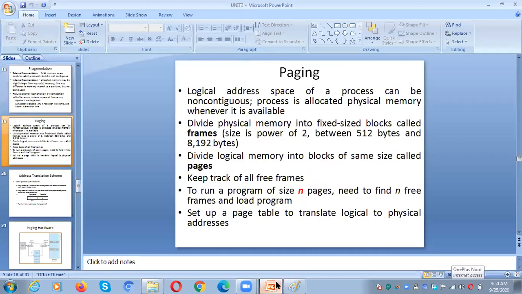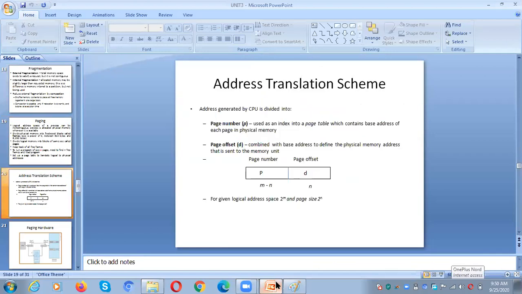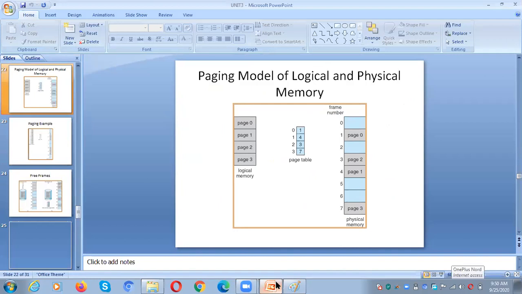Okay, and the next concept is paging. So what is paging? Before discussing paging, let me talk about some basics. Usually the entire physical memory is divided into frames, and the entire logical memory is divided into pages.